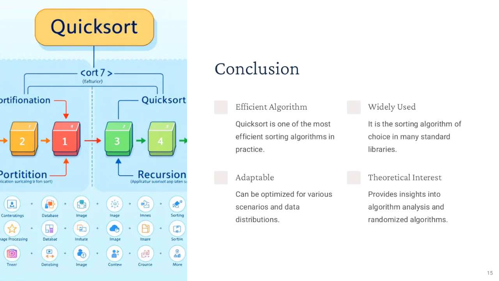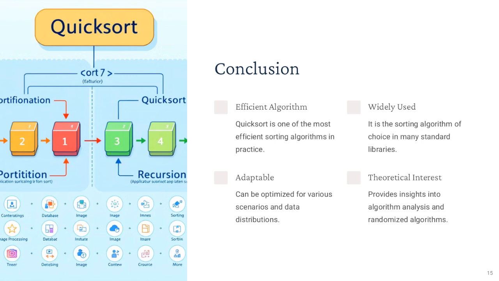In conclusion, Quicksort remains one of the most efficient and widely used sorting algorithms due to its average case performance and versatility. Its divide and conquer strategy, in-place sorting capability, and adaptability to optimizations ensure that it performs well across diverse datasets and environments. Randomized versions of Quicksort further enhance its reliability, mitigating the impact of worst-case scenarios.